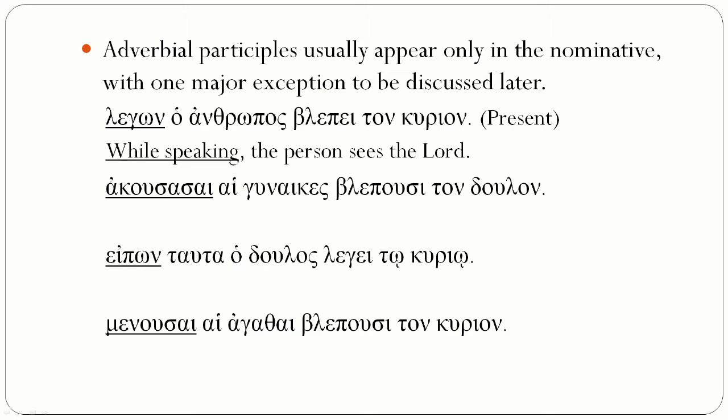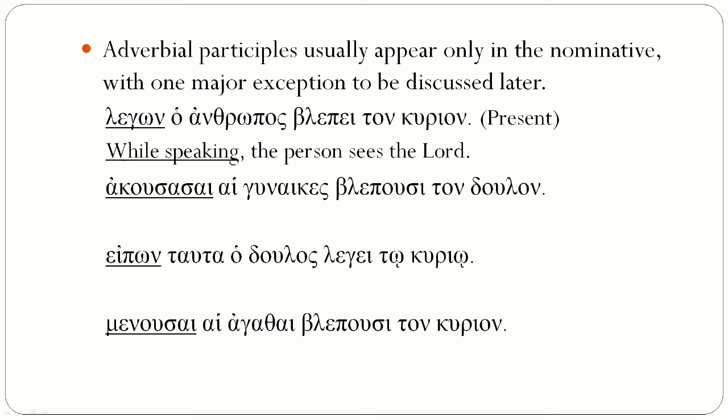You notice this is from the word gune, which is woman or wife. It has the stem change that is typical of the third declension noun, and then you have the nominative plural third declension ending there. So hai gunaikes, the women or the wives, probably best in the sentence translated the women. Blepousin ton doulon, the women see the servant or the slave. That's your main sentence.